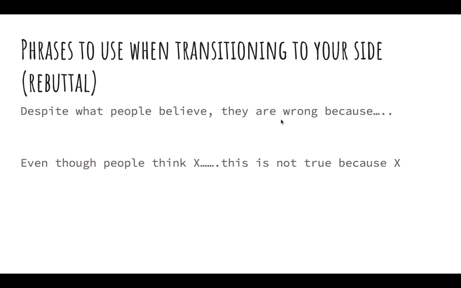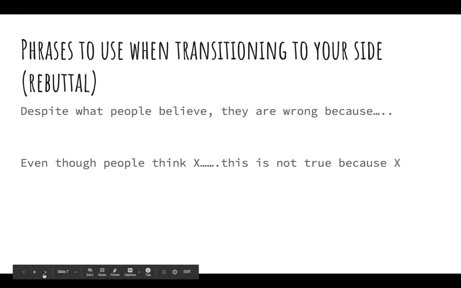Despite what people believe, they are wrong because. Even though people think blank, this is not true because, right? That's how you transition from saying, hey, this is what people think, but they're not right, okay? People who believe that self-driving cars should replace human drivers are wrong because blank, okay?